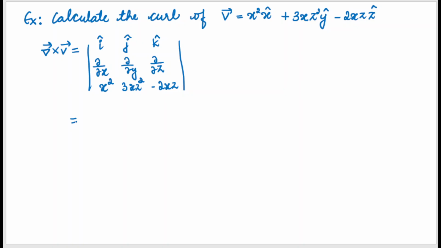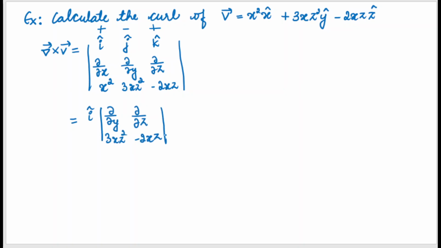Okay. Now, how to solve this determinant? Determinant can be solved like this. For the first row I'm going to write plus, minus, plus. Now I keep here i cap, and I remove the first row and first column, and the remaining terms I write in terms of a 2 cross 2 determinant, that is ∂/∂y, ∂/∂z; below that 3xz², −2xz.